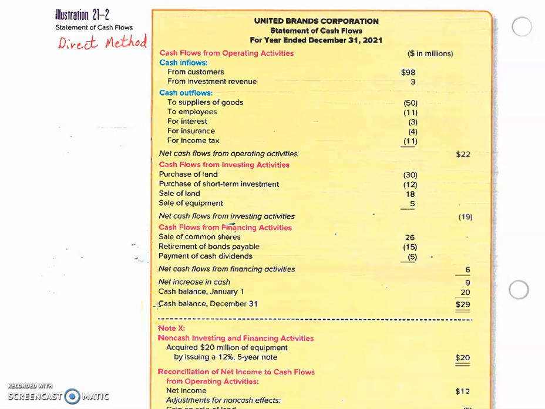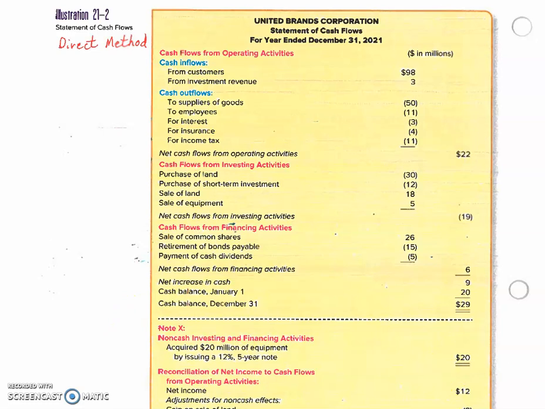Now that should match up with cash from the balance sheet. Now remember, for the statement of cash flows, cash is cash. So cash balance includes cash, it includes cash equivalents, but it also includes restricted cash, which may be a long-term asset depending upon the nature of the restriction.